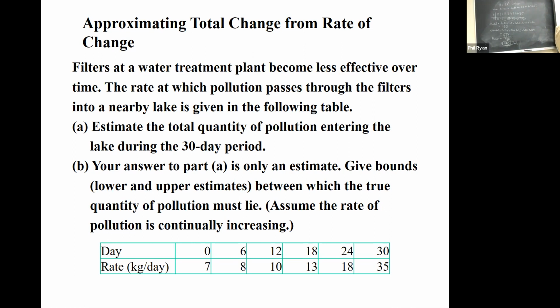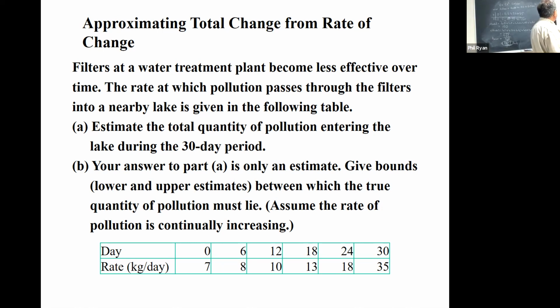Okay, so for example, here, this is a graphical problem, and it's to do with having a filter. You don't want pollution to get into your lake, so you put a filter in to prevent the pollution coming from your treatment plant, the pollution entering the environment.